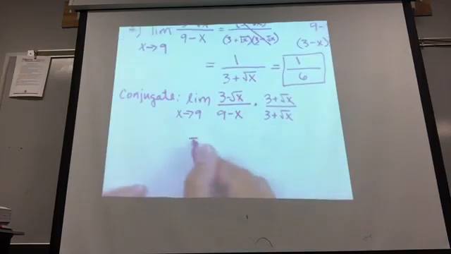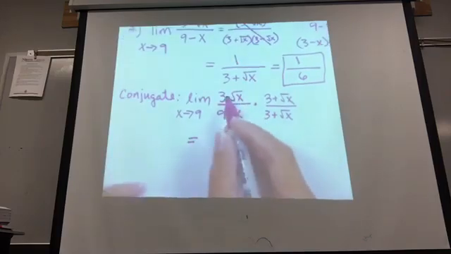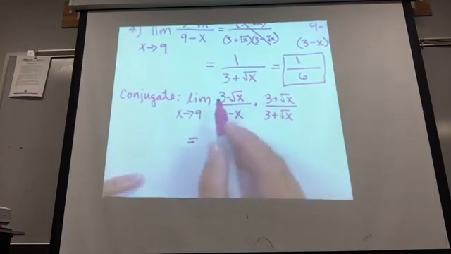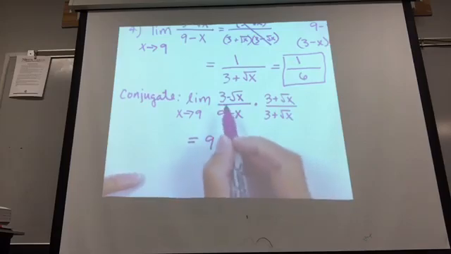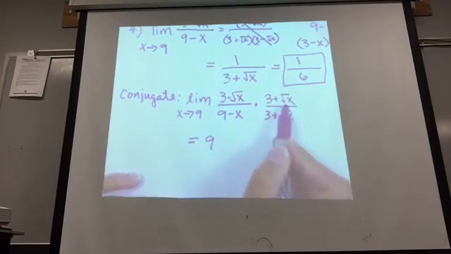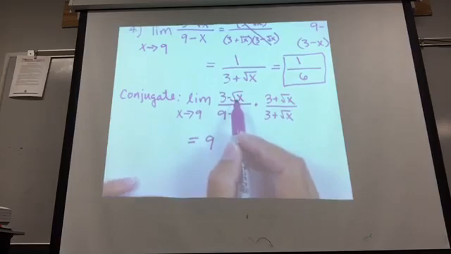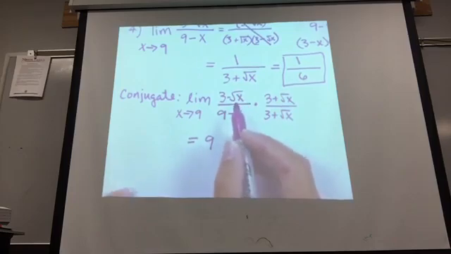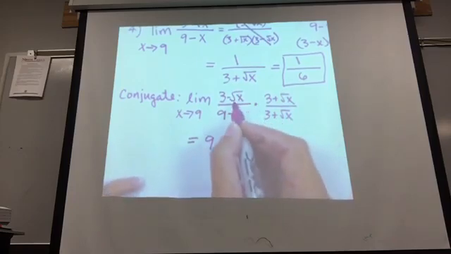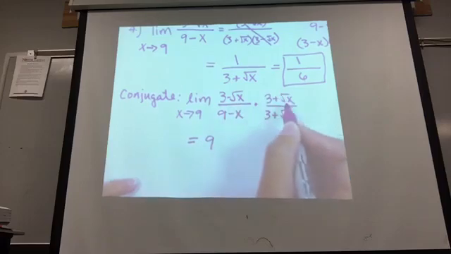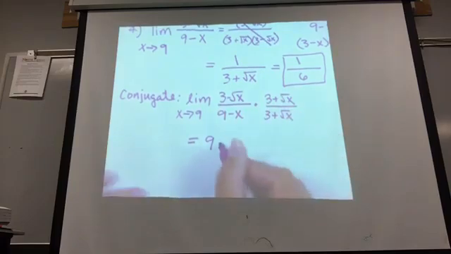Alright, so when I do this, I'm going to FOIL the top, so 3 times 3 gives me 9. And then I have 3 times the positive square root of x plus negative 3 square root of x. So those middle terms cancel out, those outer and inner terms. So now just the last term, I have the negative square root of x times the positive square root of x. So that gives me just minus x.